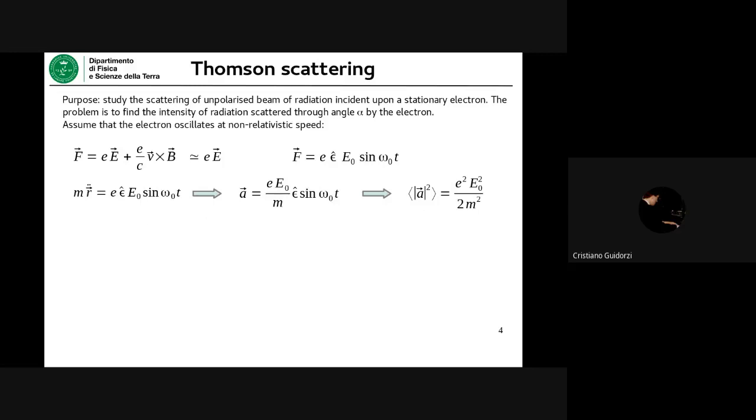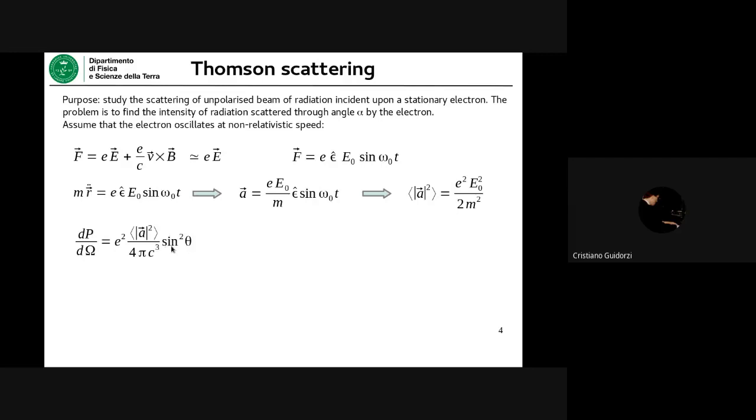If you get back to what we derived in the case of the power emitted by an accelerating charge, you remember that the power as a function of direction, dP over d omega, is just the charge squared, modulus of acceleration squared, in this case taking the time average, over 4 pi c cubed, and then the term which is telling me about the direction.